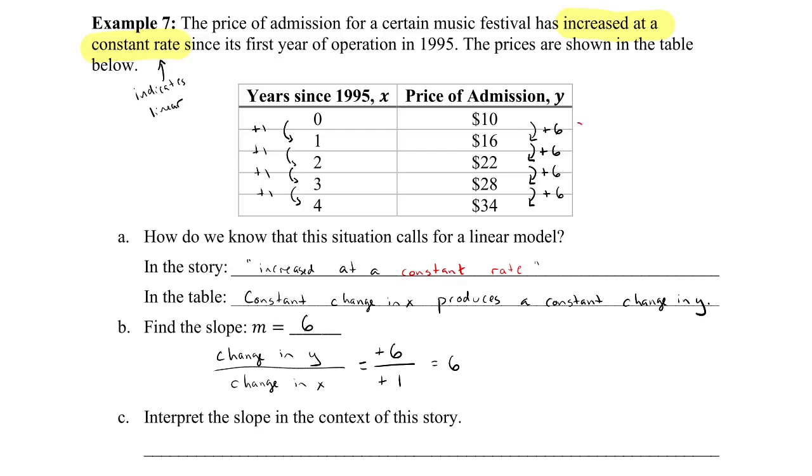What if we said, let's go straight from 10 to 22, that's plus 12. Let's go straight from 0 to 2, that's plus 2, right? What if we just hadn't recorded anything for 1996 or whatever? Well, then our slope would be 12 over 2, which is also 6. One of the features of a linear model is that we get the same slope for any two pairs. So any two pairs of values, we get the same slope.